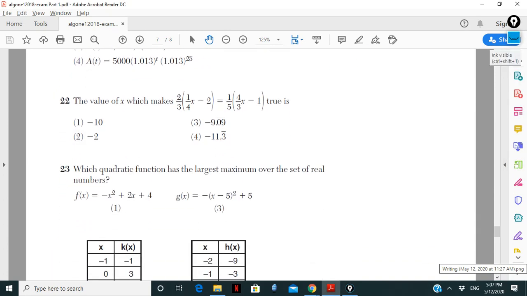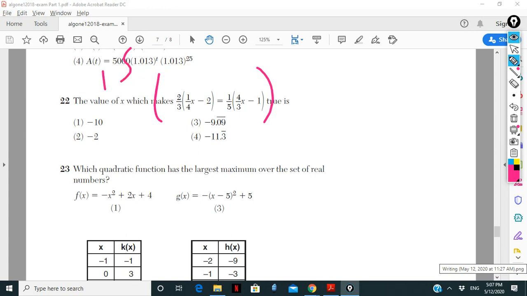What is the x value that makes this one true? So the first step, I'm going to multiply by 15. So when I multiply by 15, the equation is going to change. So that's going to be 10 times 1 over 4.